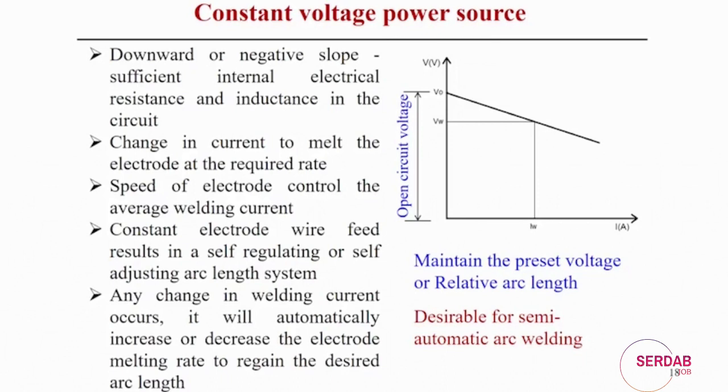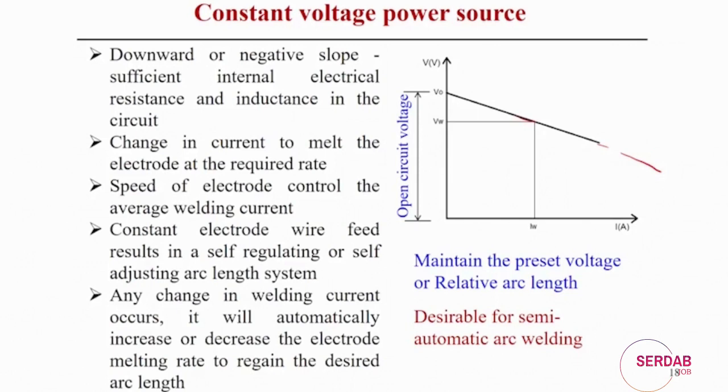That characteristic defines the relation between the voltage and current. If you see from the figure, voltage and current follow an almost linear relation, or in other words it is an almost flat characteristic of the power source.